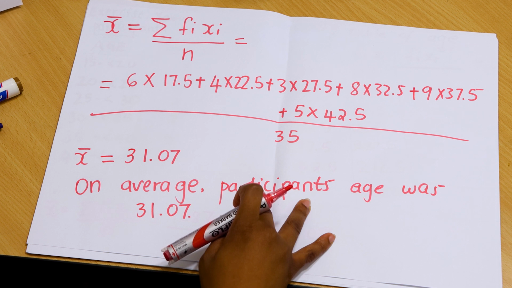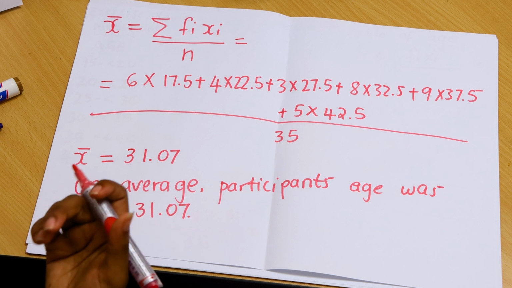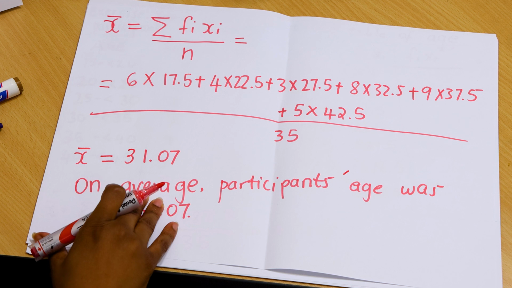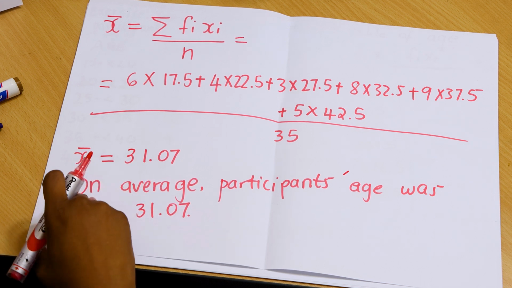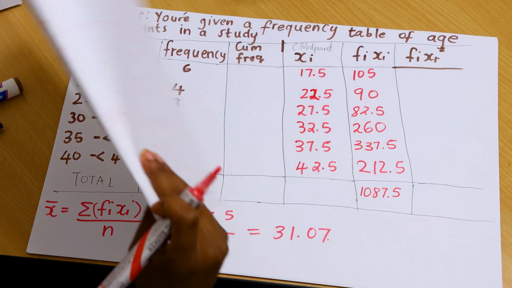That gives you 31.07. And the interpretation is that on average, participants' age was 31.07. Okay, so that is the first one, calculating the mean.